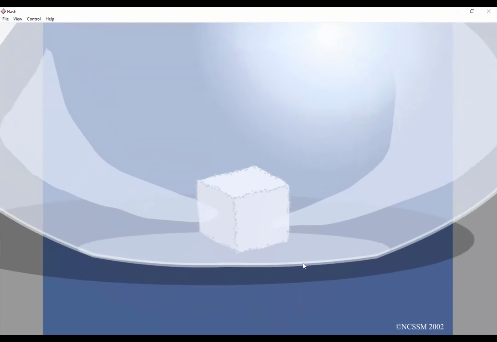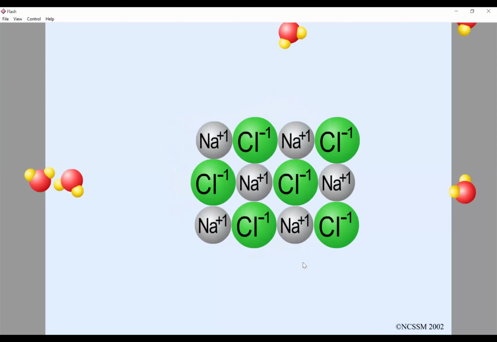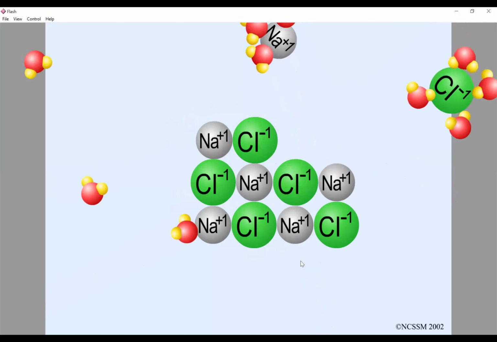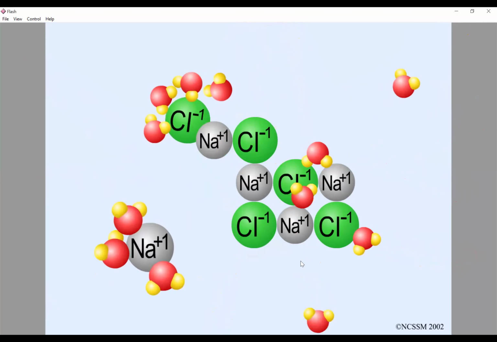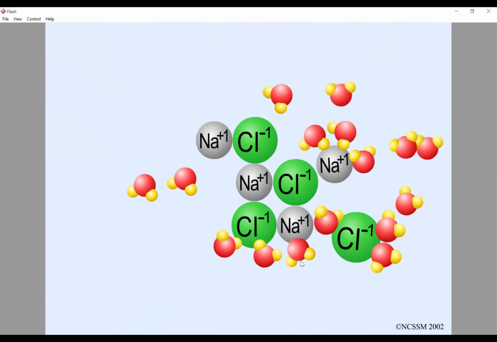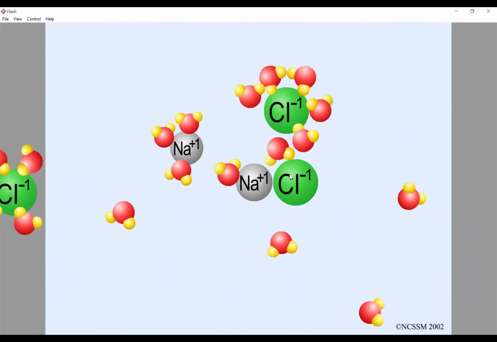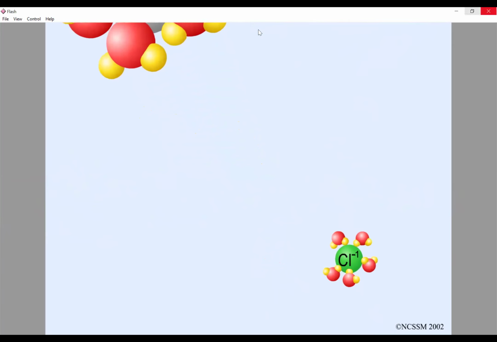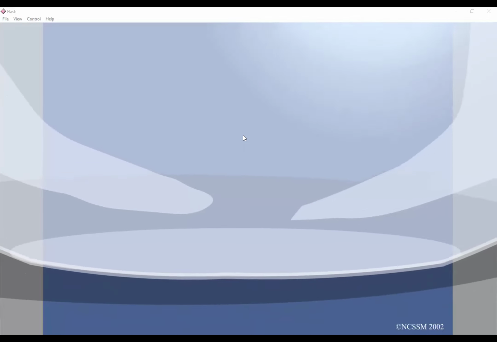When it dissolves in water, the water molecules surround the sodium chloride, and it breaks apart into its component ions of sodium and chlorine. So ions result in solution. Now, if I were to do sugar, let me cancel this and do a new share. Let's look at this one here.